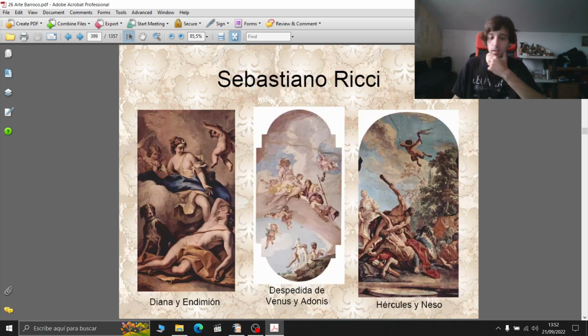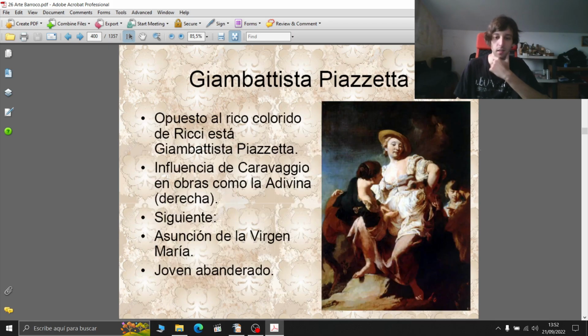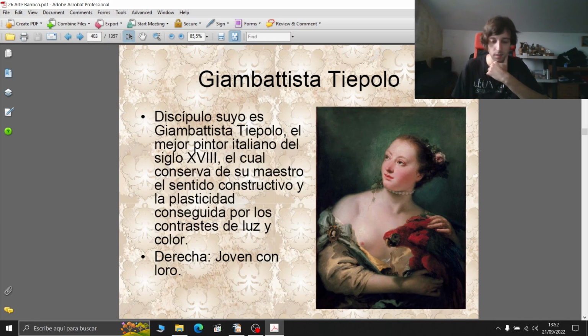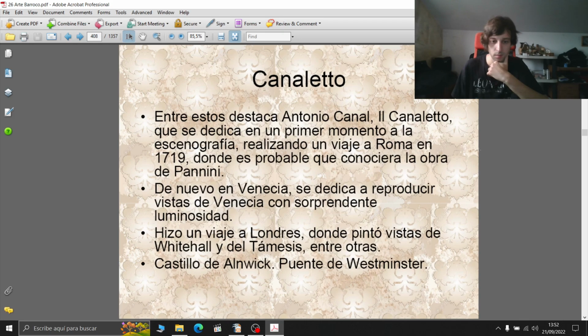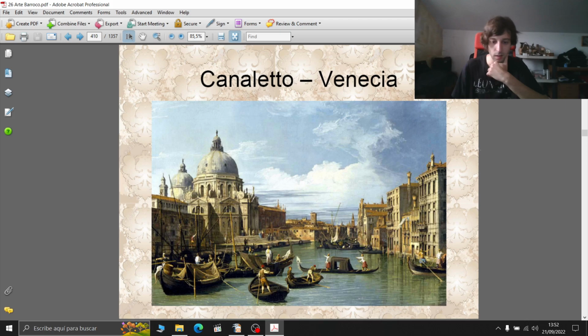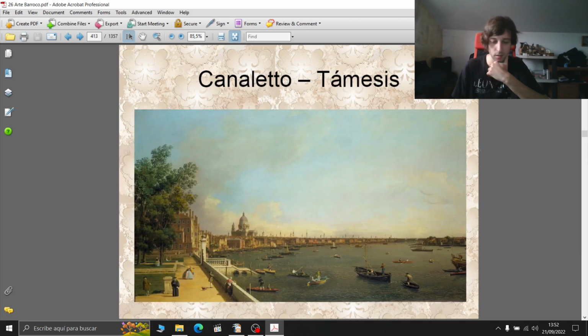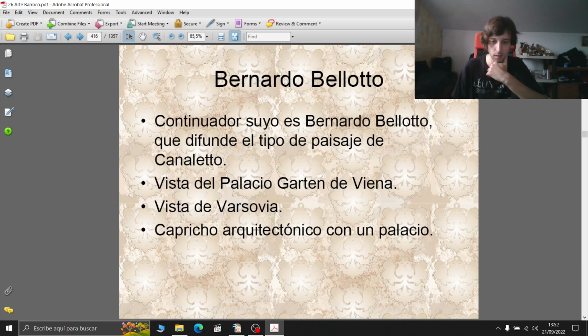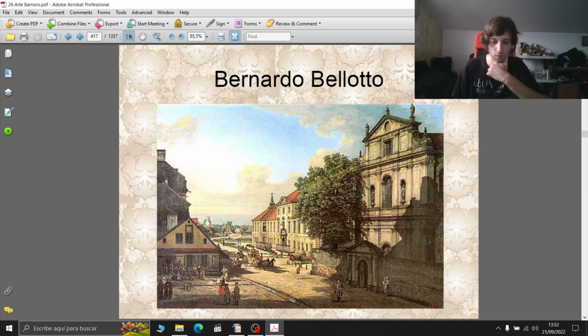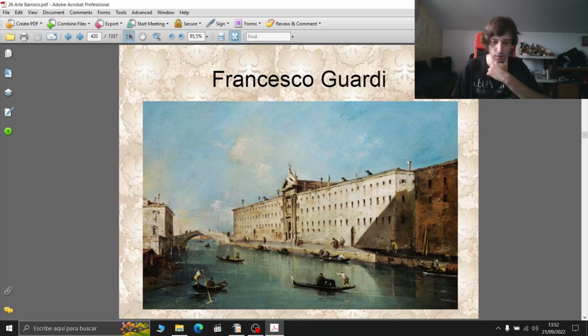Sebastiano Ricci, Giambattista Piazzetta, Giambattista Tiepolo, now Canaletto with the landscapes of Venice, some based in England, this is in England, this is also in England, Bernardo Bellotto, and Francesco Guardi.